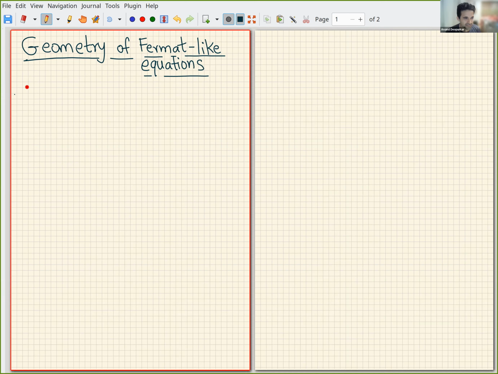So let me start with a theorem that everyone knows, the statement of, at least. I don't know the proof. It says that if the number n is at least 3 and it's a positive integer, then the equation x to the n plus y to the n equals z to the n has no non-zero integer solutions.